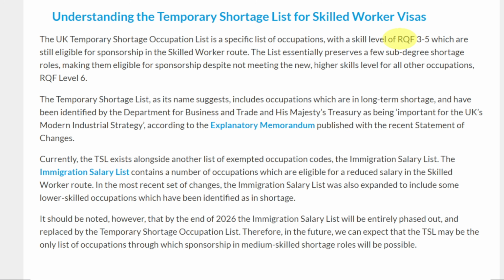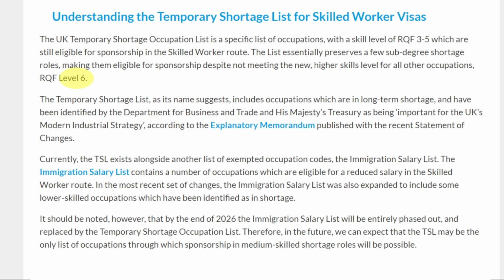If you have done A levels or a bachelor's college, you can still come. The list essentially preserves a few sub-degree shortage roles, making them eligible for sponsorship despite not meeting the new higher skill levels required for all other occupations.